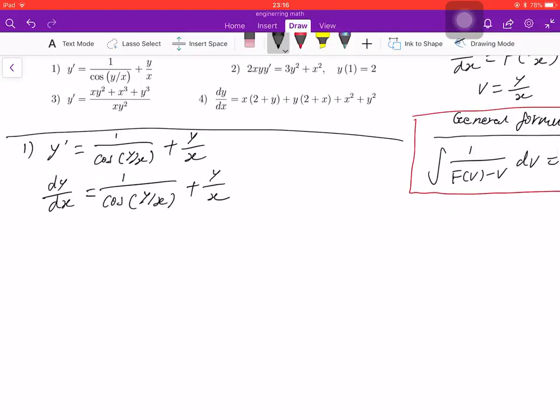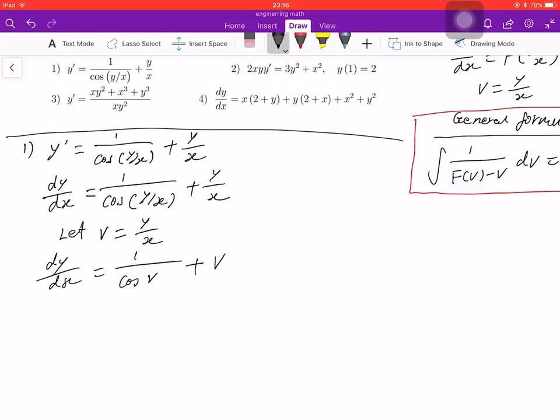Now we express the right hand side as a function of v, so we let v represent the ratio of y divided by x, and then we substitute into our equation. So it's 1 over cosine v plus v, where we replace y over x with v.